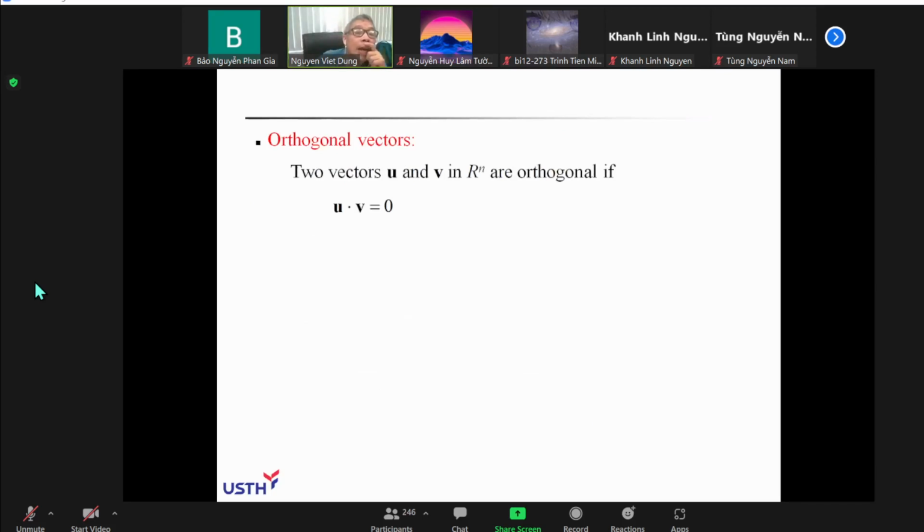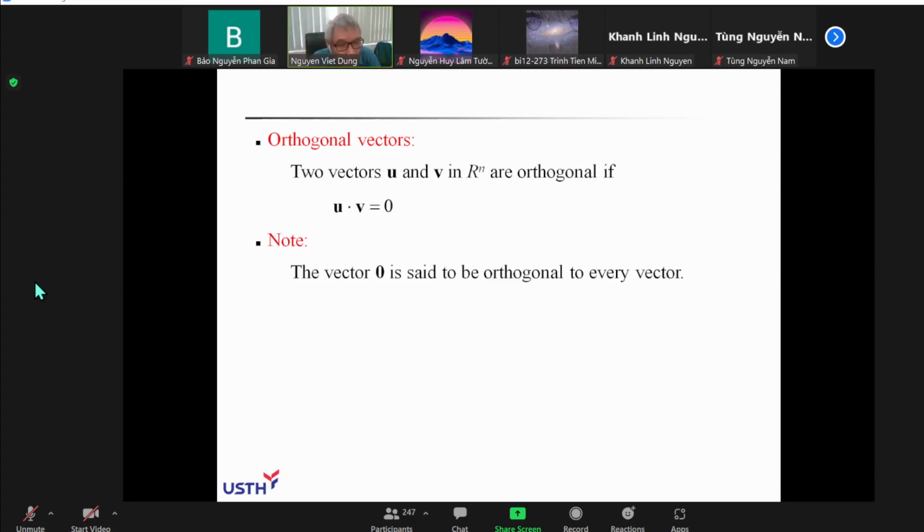Now we define the orthogonal vectors. Two vectors u and v in Rn will be called orthogonal if their dot product u dot v equals 0. And now we consider the vector 0 is orthogonal to any other vector. It is somehow funny at this point, because we cannot define the angle between the 0 vector and any other vector.